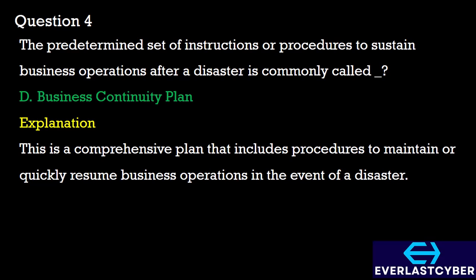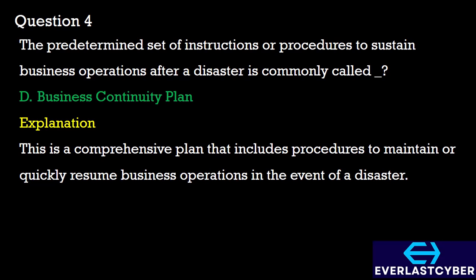Now, there might be arguments that the answer could be the disaster recovery plan. However, if we read the question well, it says the predetermined set of instructions or procedures to sustain business operations after a disaster. So, the business continuity plan is a more comprehensive plan that includes all the procedures, including the disaster recovery plan.